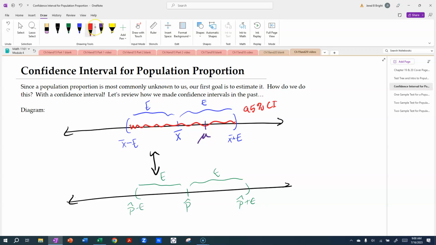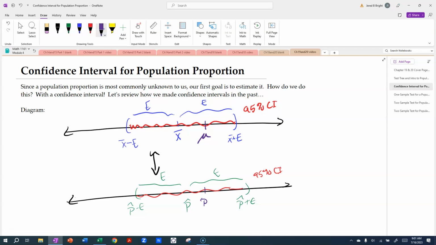And maybe by sheer happenstance of construction, this might be our 95% confidence interval. Maybe this time in this construction we hit p, our population proportion.